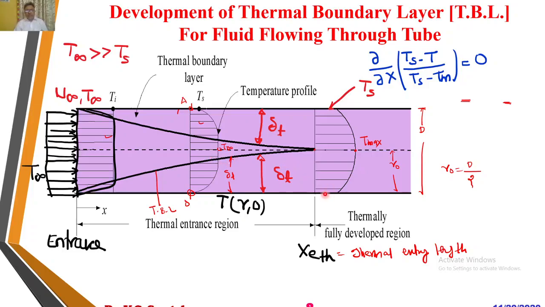The region beyond the thermal entry length is called the thermally fully developed region, because the non-dimensional temperature profile, Ts minus T over Ts minus Tm, is constant in this region. However, the shape of this temperature profile may vary or change as we move away in the x direction from the entrance region. But this non-dimensional temperature profile will remain constant.